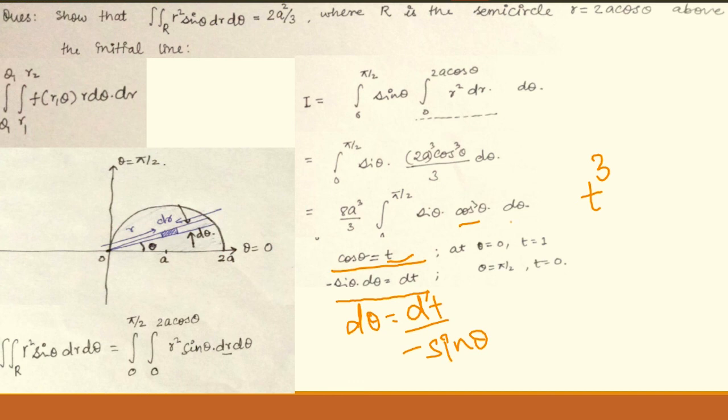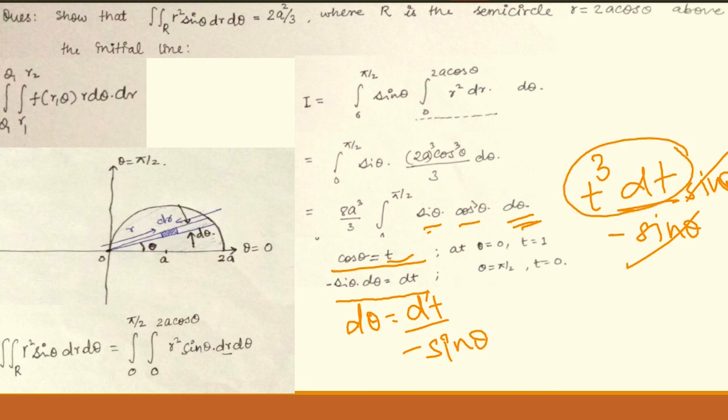If we replace d theta with dt by minus sin theta, and here it is sin theta, this will be cancelled out, and what is left is this. If we are using substitution, the limits of integration will also change accordingly. At theta equal to 0, t will be 1, as the value of cos 0 is 1, and the value of cos at pi by 2 is 0, so t equal to 0.